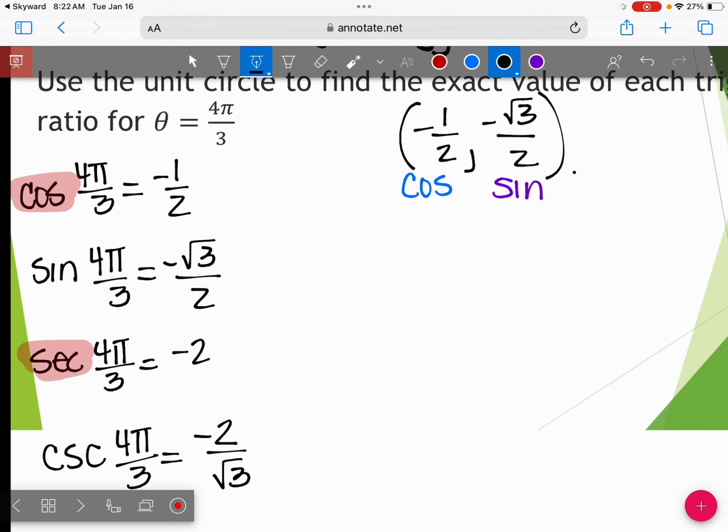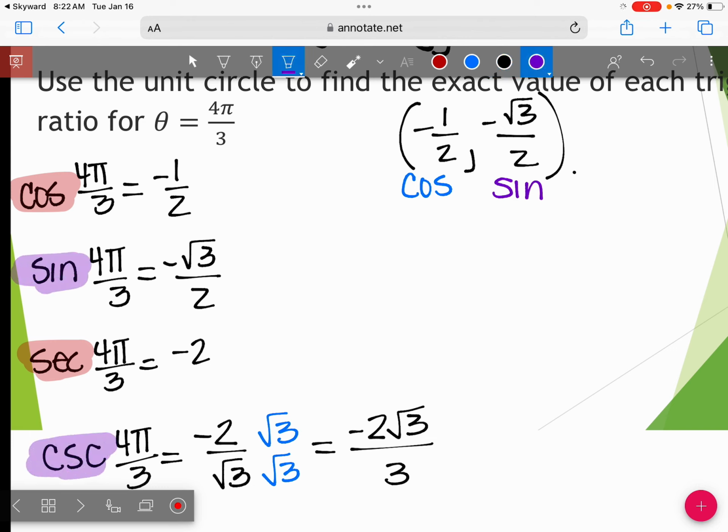So how do I get rid of the square root in my denominator? We multiply it. So that would be a -2 square root of 3 over 3, because the square root of 3 times the square root of 3 equals the square root of 9, and the square root of 9 is 3. These two are also sisters.